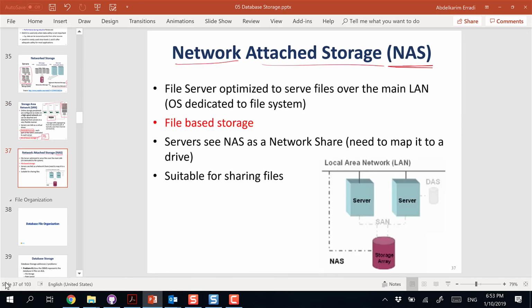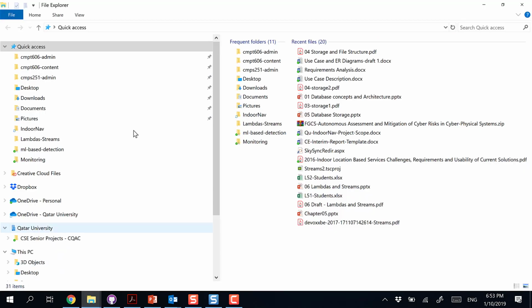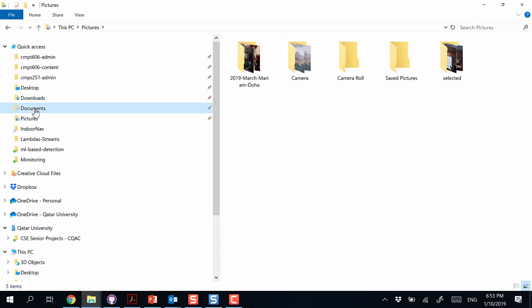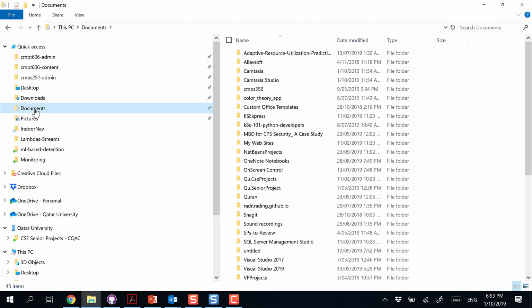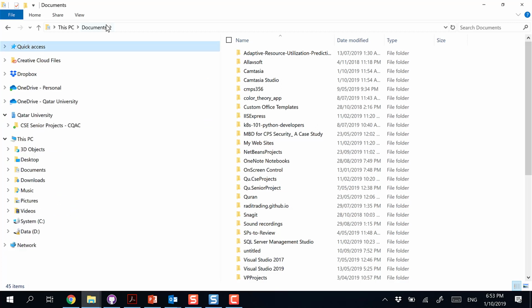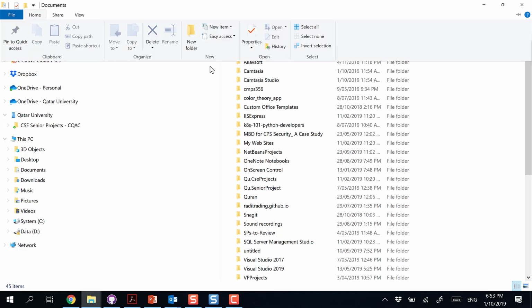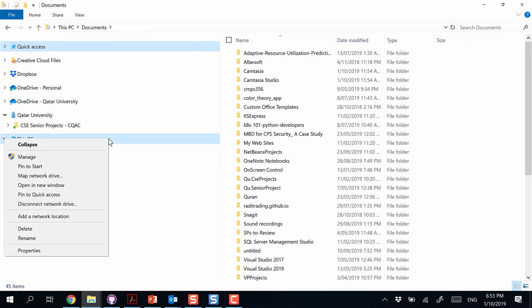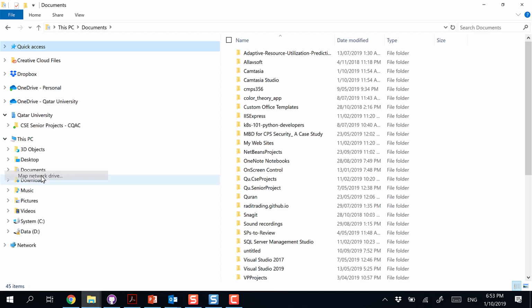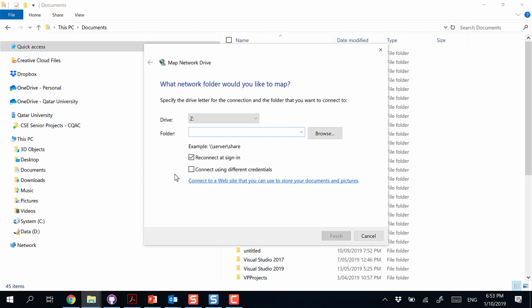For the NAS, you see it as if it is a drive in your machine. In fact, it has been a long time since I did this, but you can map a network drive. You specify the location of your NAS server, and then you can access it.